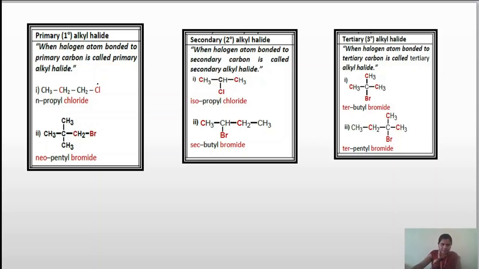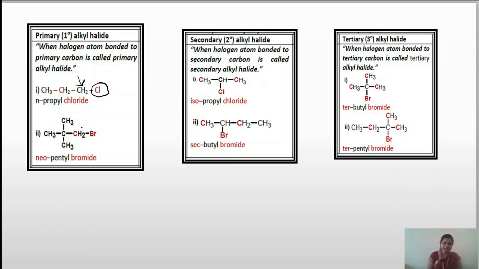See here this chlorine is attached to this primary carbon. Why is this carbon called the primary carbon? Because this is attached to only one other carbon. So this carbon is primary carbon and this compound is known as the primary alkyl halide.